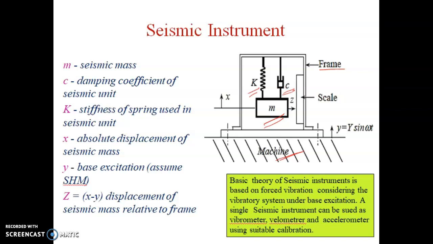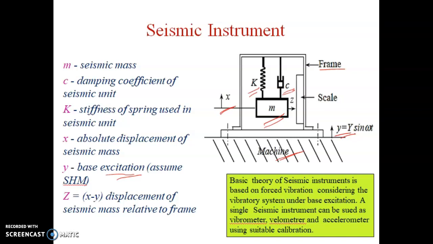Let Y be the base excitation of the machine component, or the vibration of the machine component to be measured. That is, assuming it is in simple harmonic motion, and let X be the absolute displacement of the seismic mass.